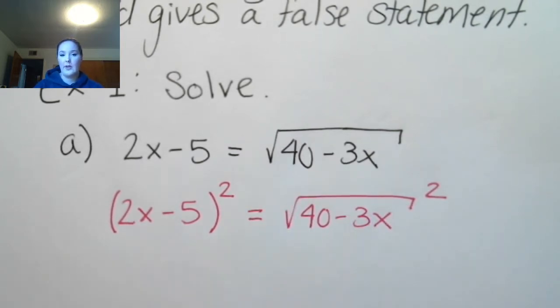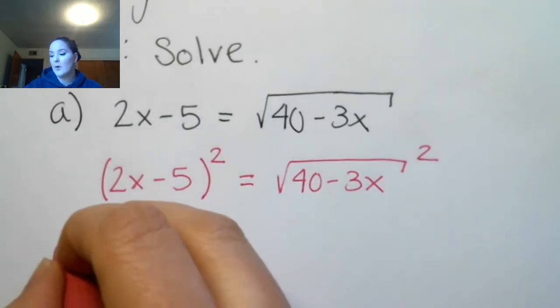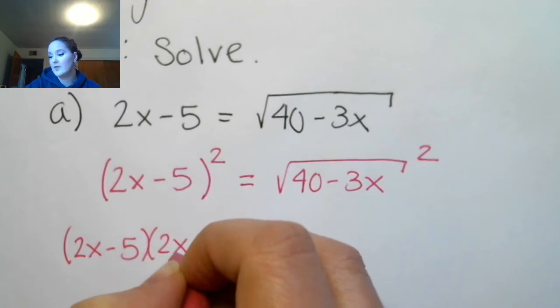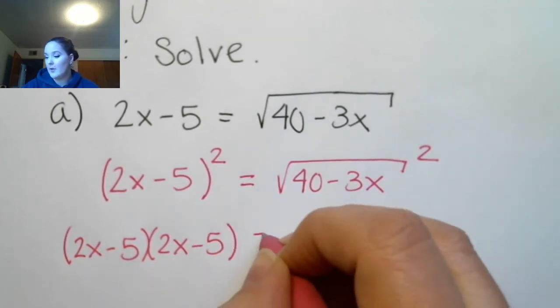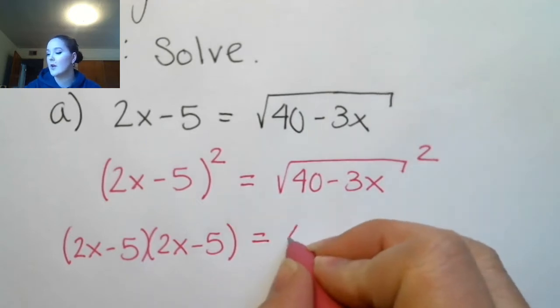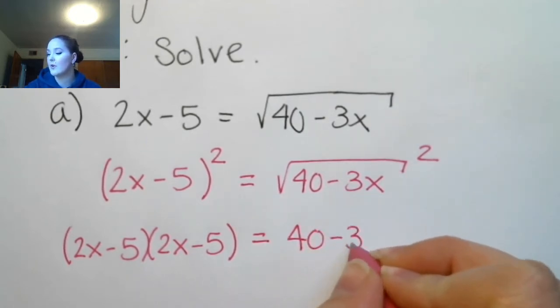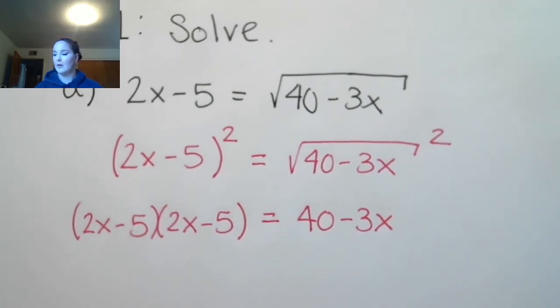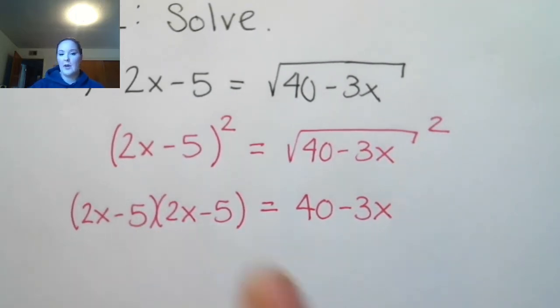Now over here, remember that when you're squaring these, you're doing them times themselves like this. And over here, the square root and the square are going to cancel, and we just end up with the radicand, 40 minus 3x. Now, I'm going to multiply this out.